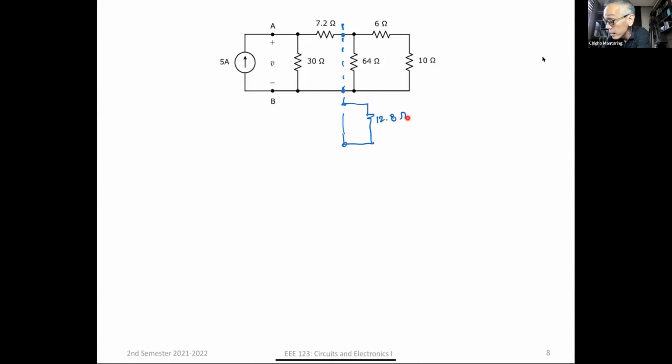I see that this and this are in series. Okay, so with respect now to these two terminals, dito naman, no? I have 12.8 plus 7.2. So this will give me 20 ohms.